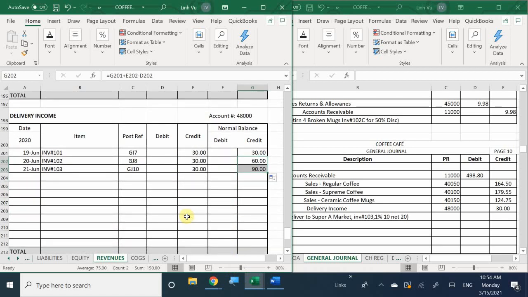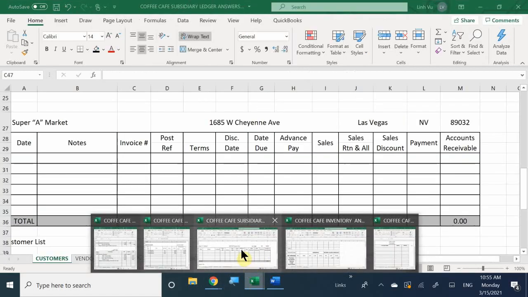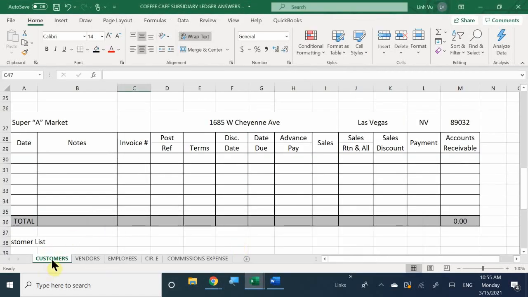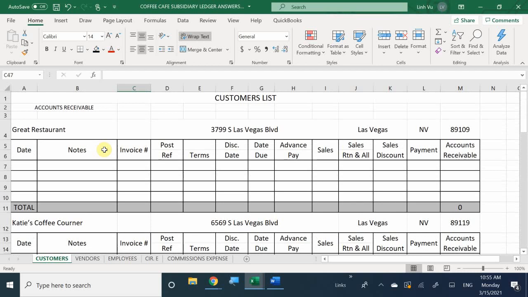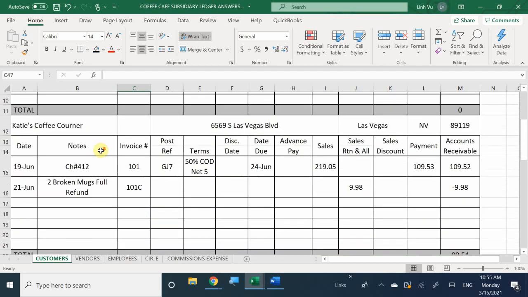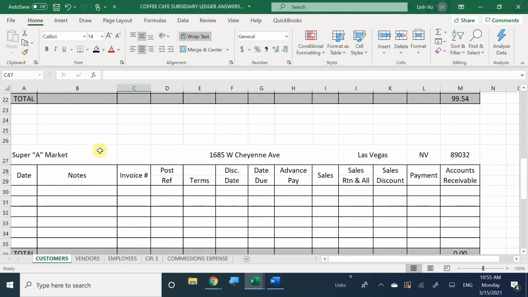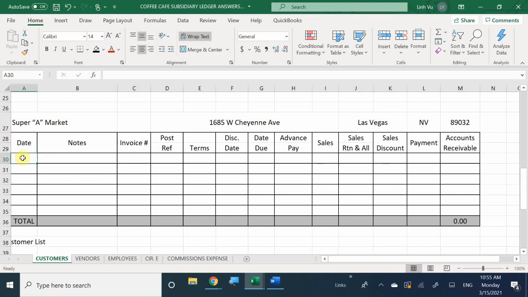So what's next? Subsidiary. Good. And this time we're dealing with a customer, right? Super A should be below Katie. Yes. So the date here is June 21st. Notes here, whatever you want to put here. Invoice number.